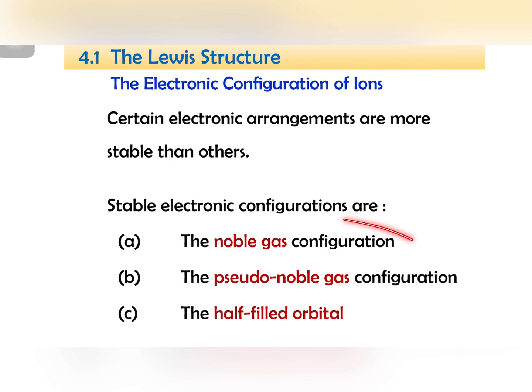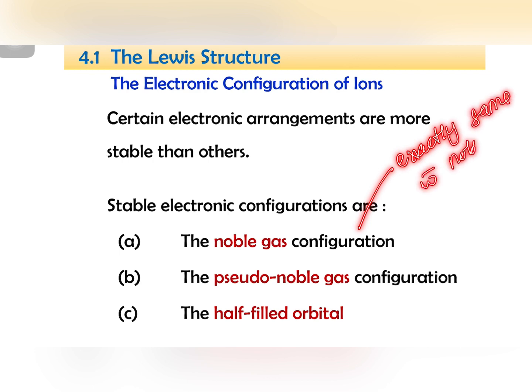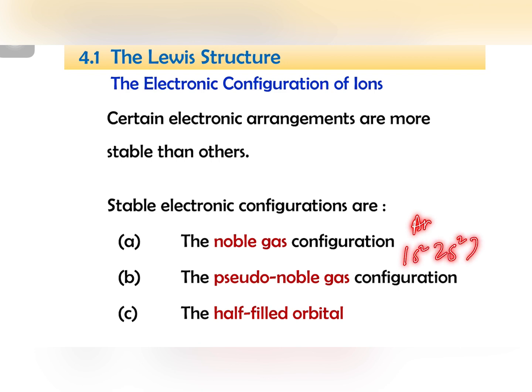So kalau noble gas configuration tu, dia mesti exactly the same with noble gas. Okay, so macam contoh neon tadi, you have 10 electron, dia mesti 1s2, 2s2, 2p6. Okay, ataupun kalau argon, dia akan jadi argon 1s2, 2s2, 2p6, 3s2, 3p6, and so on lah.